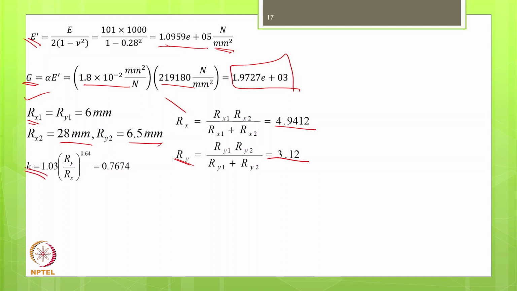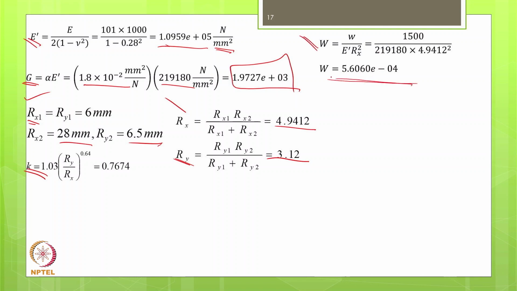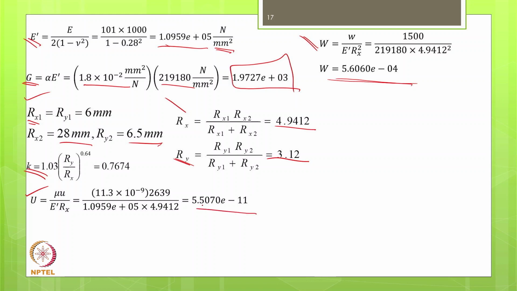The ellipticity parameter is somewhere around 0.7674, and then the load parameter turns out to be again a non-dimensional number, 5.606 10 to the minus 4. Then we calculate the U parameter, which turns out to be 5.5 10 to the minus 11, and then the overall H0 by Rx turns out to be 3.63, velocity, G, W and this one.